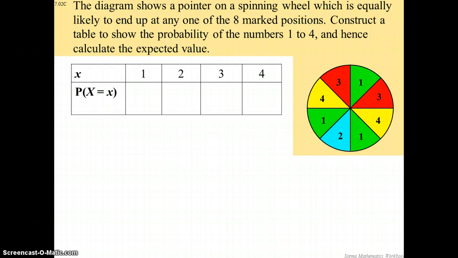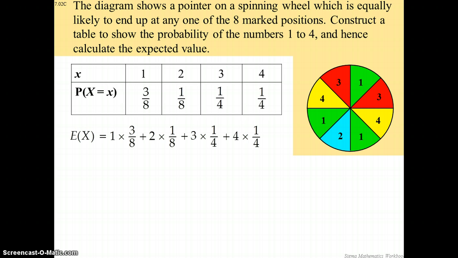Okay, so we would be drawing up a table that looks like this, and then we would be working out expected value: 1 times 3/8, 2 times 1/8, 3 times a quarter, 4 times a quarter, answer 2 3/8 is the average outcome over there.